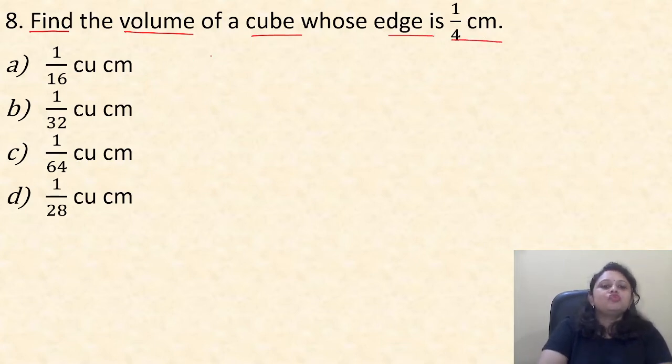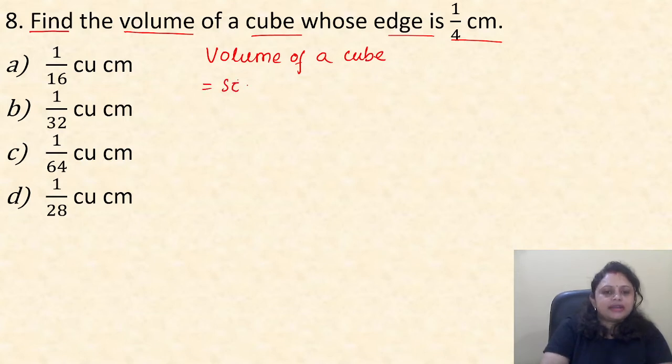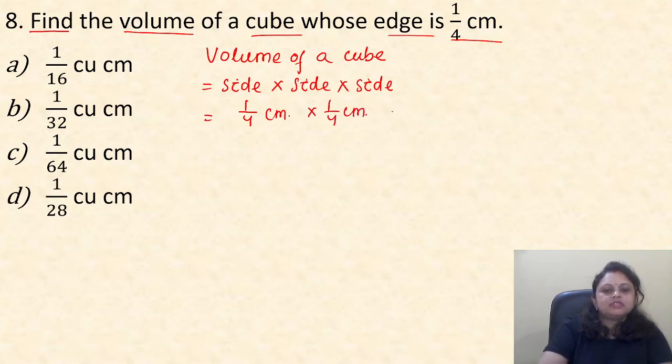Okay. So volume of cube. What is the formula for the volume of a cube? Yes, that is side into side into side. So that is equal to 1 by 4 centimeter into 1 by 4 centimeter into 1 by 4 centimeter.